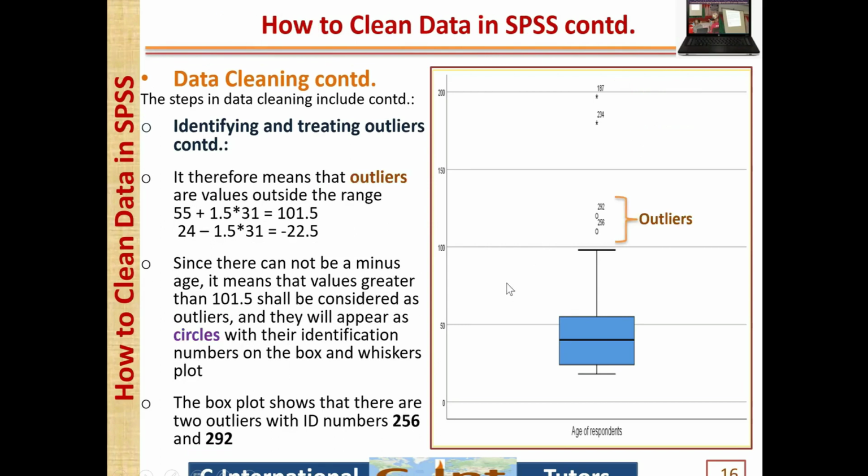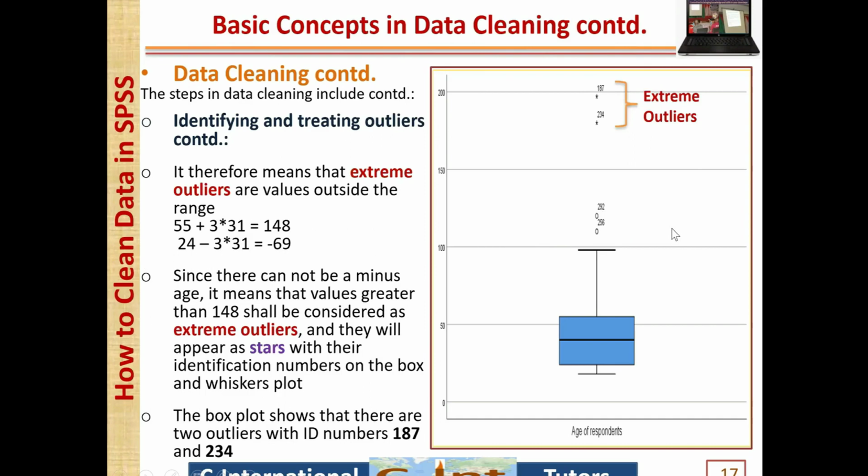In the SPSS output, outliers appear as circles. It now means that observation number 256 and 292 are outliers. Also in the SPSS output, extreme outliers appear as stars. It means that observation number 234 and 187 are extreme outliers.